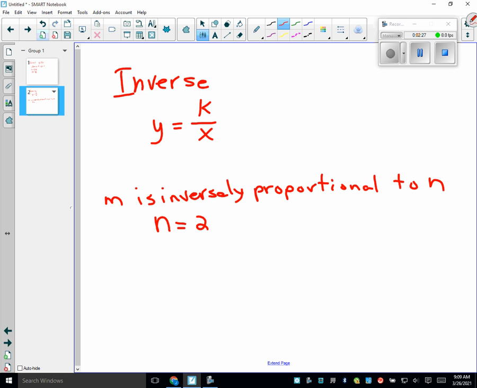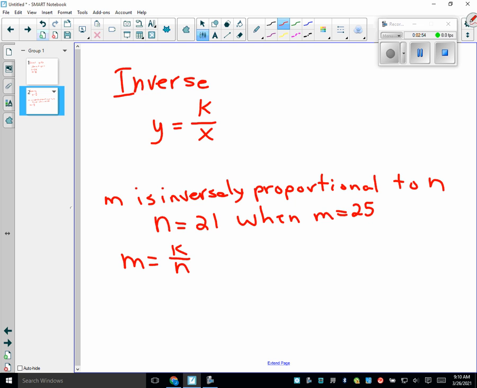N is 21 when m is 25. Find k. If it's inversely proportional, what we have is m equals k over n.